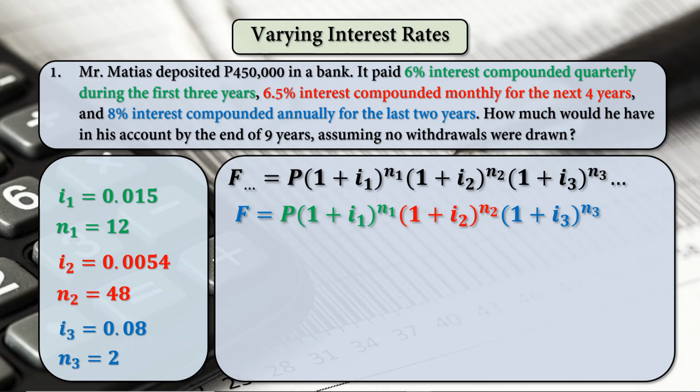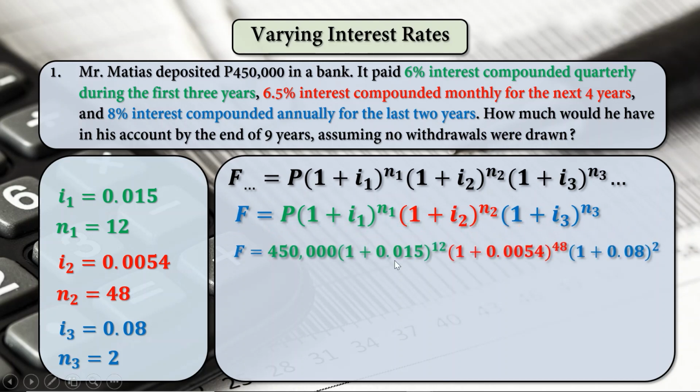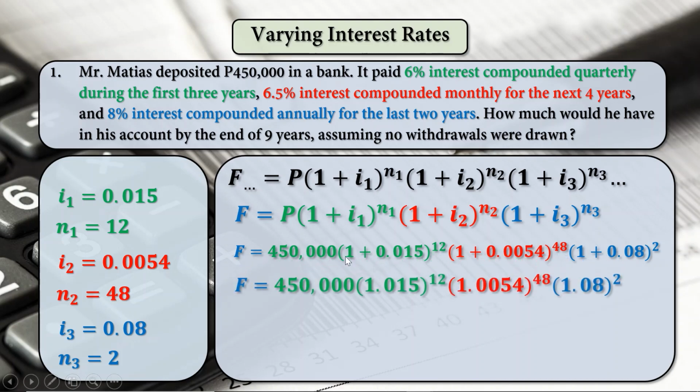Our P is 450,000 times 1 plus 0.015 raised to 12 times 1 plus 0.0054 raised to 48 and times 1 plus 0.08 raised to 2. And that results, yung mga nasa loob ng parenthesis natin, this values results to this. And 1 plus 0.08, that is 1.08.